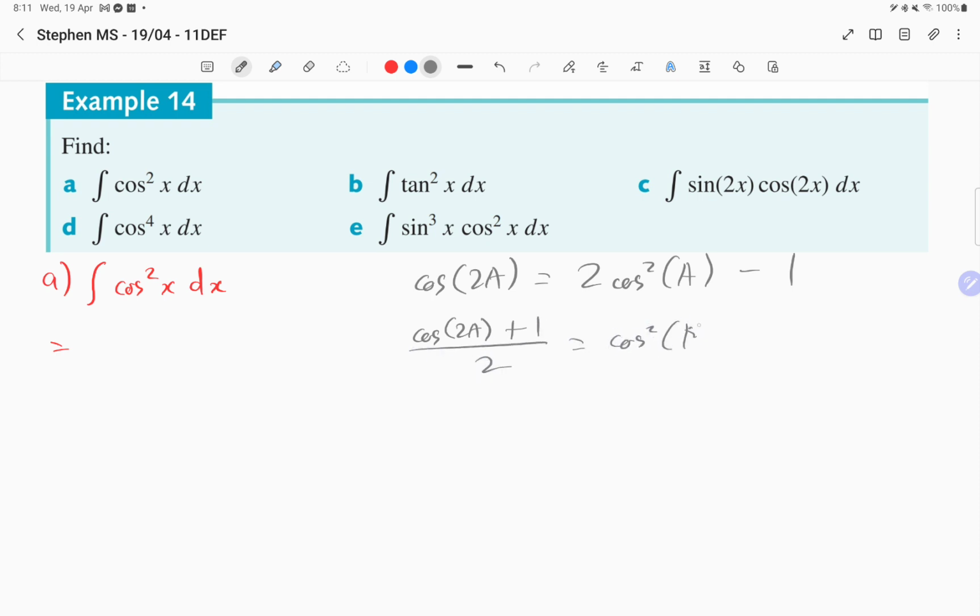The idea is you want to get rid of the square as much as you can. Either you get rid of it or you turn it into the whole thing where you can do u times du over dx times dx. In this case, you can get rid of the square because you can antiderive cos 2a. It's just 1 over 2 and then sine 2a.